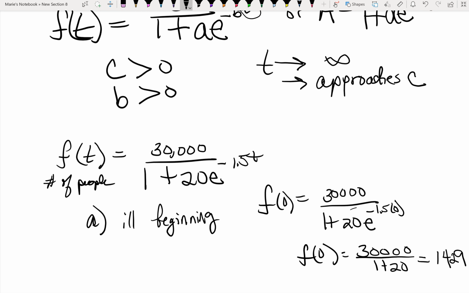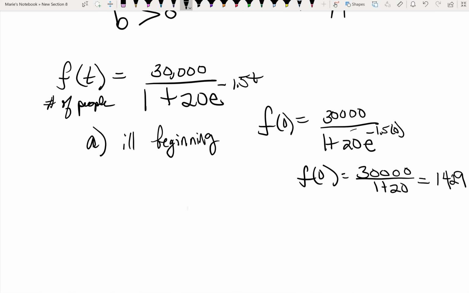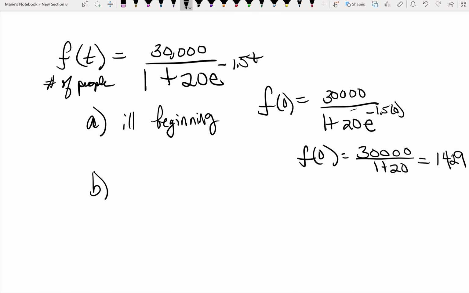All right, in part B, it says how many people were ill by the end of the 4th week. So in B, how many became ill after the 4th week?